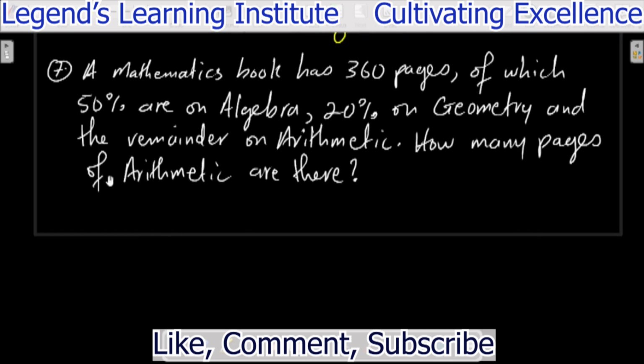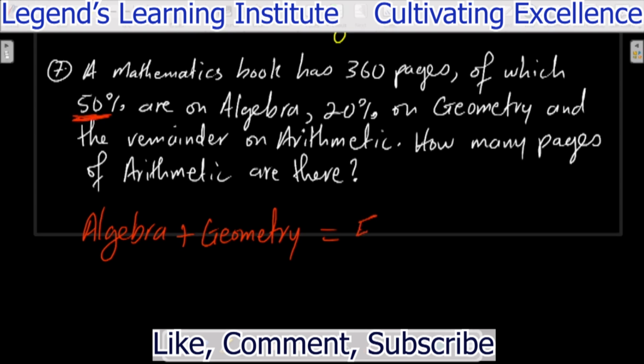First, we need to find out how many pages are there for algebra and geometry together. So algebra plus geometry would be equal to 50% for algebra plus 20% for geometry. And 50% plus 20% is 70%. So 70% for algebra and geometry.